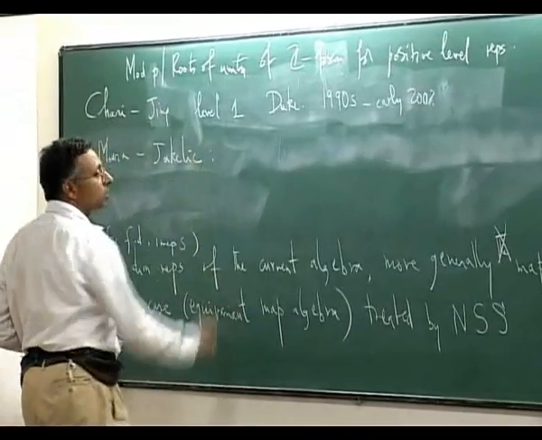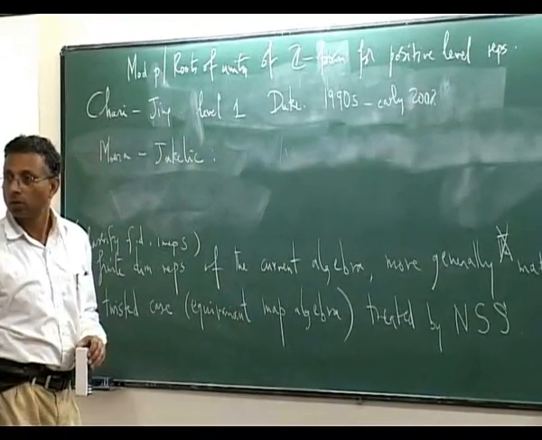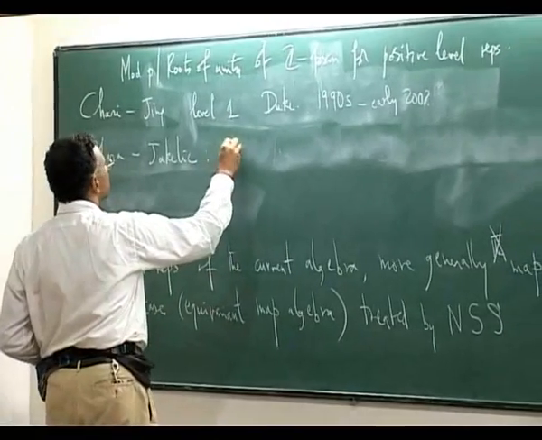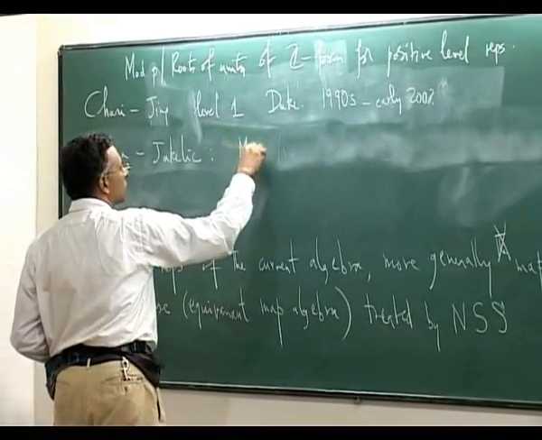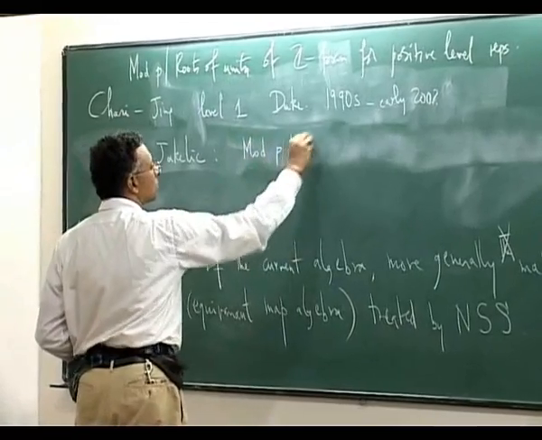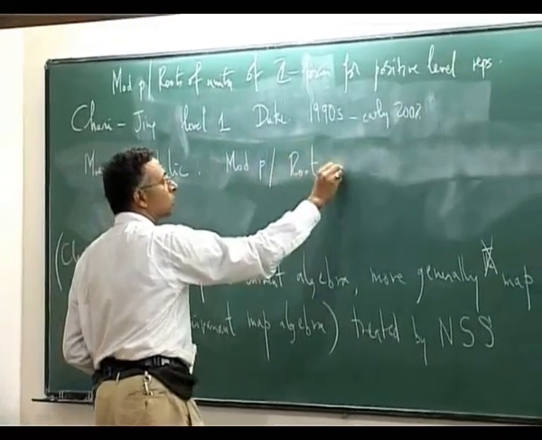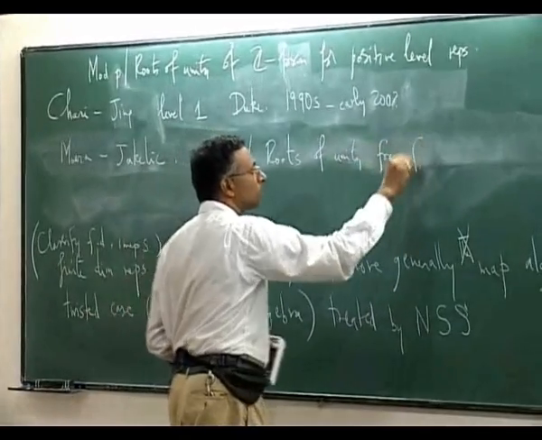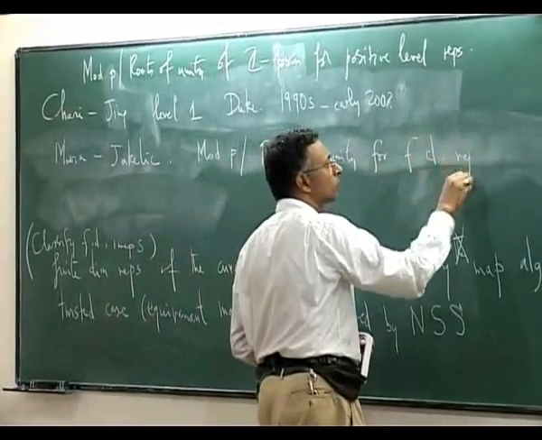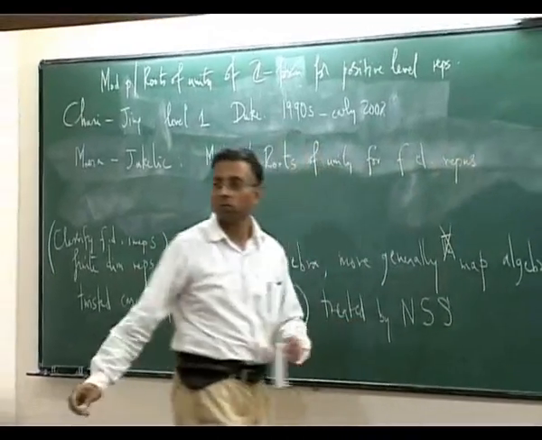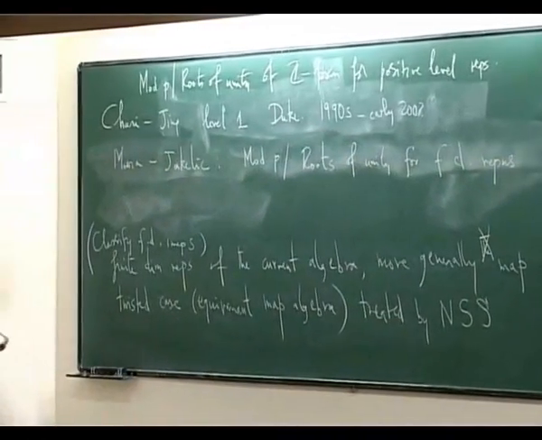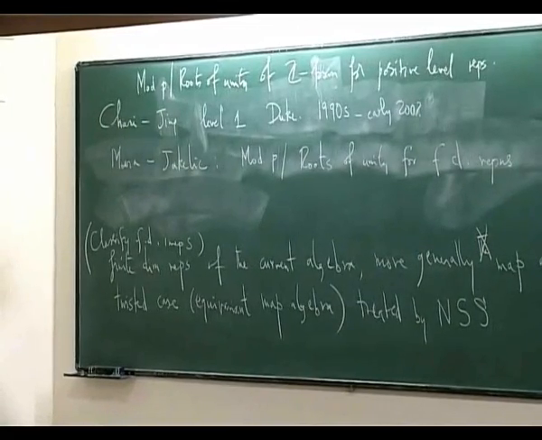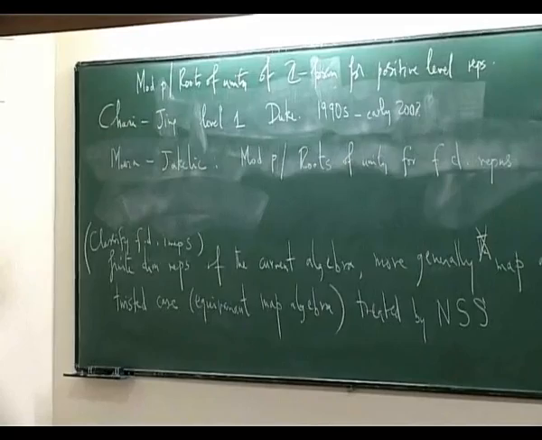So they have, I don't know, 2 or 3 papers on both mod P and roots of unity for finite dimensional representations. Their papers have all appeared, but I don't offhand remember where. They're all on the arXiv, and they're all within the last 5 years.